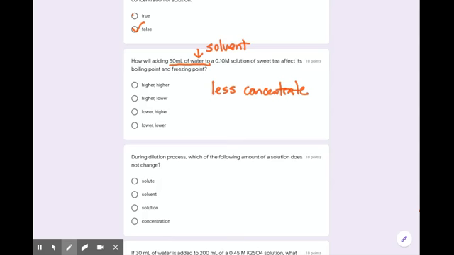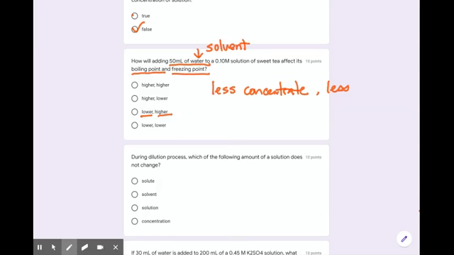Or less impure. So that will make the boiling point, the high point, lower, and the low point higher. So boiling point lower and the freezing point higher.